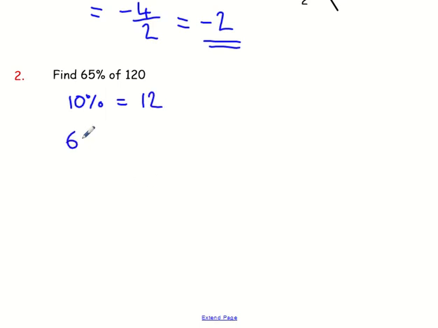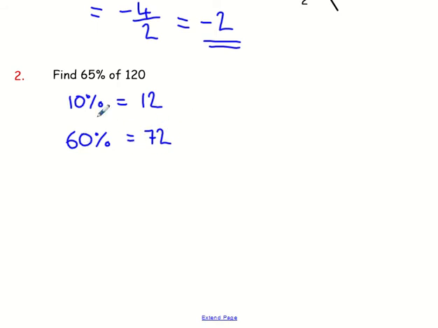Therefore 60%, well, we just multiply our 10% by 6 to get 60%. So we multiply our 12 by 6 to get 72. Therefore 60% of 120 is 72, so just over half.